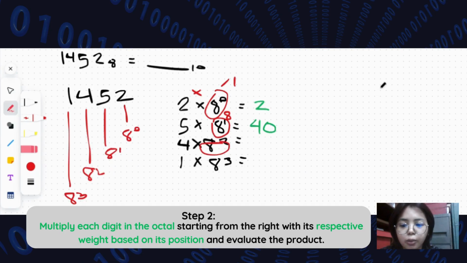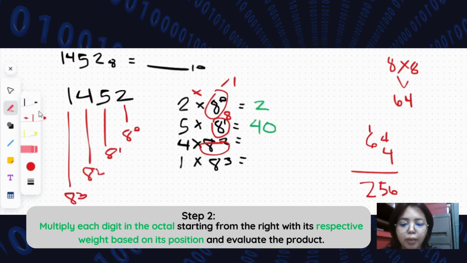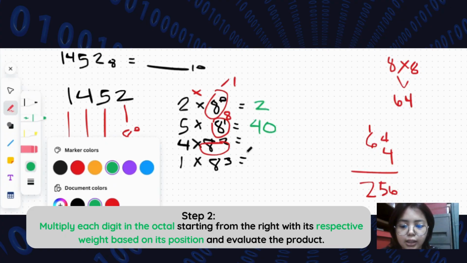So by the rule of exponents, it is not 8 times 2, no? It is 8 times 8. So 8 times 8 is 64. So we have to multiply 64 by 4, which is our octal digit. So 64 times 4 is, 4 times 4 is 16. Carry 1. 6 times 4 is 24 plus 1, 25. So 4 times 8 raised to the second power is 256.